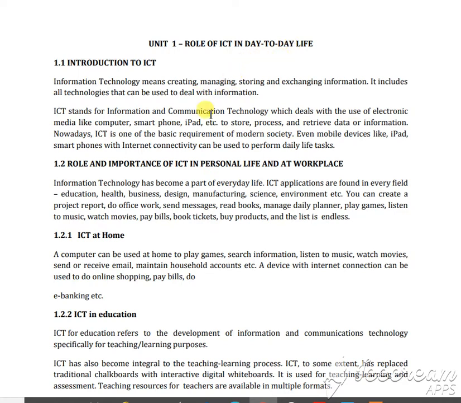Role of ICT in day-to-day life means, what is ICT? ICT means Information and Communication Technology. Information technology means where we are creating, managing, storing different types of information. We are dealing with different types of information today, where we are working with a smartphone, a computer, an iPad and other gadgets and devices.